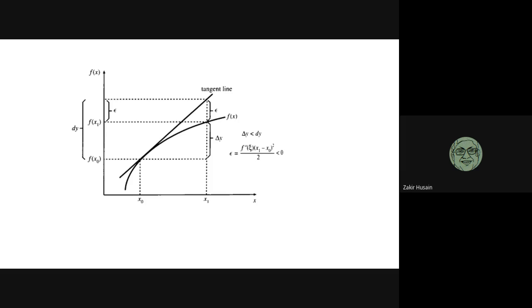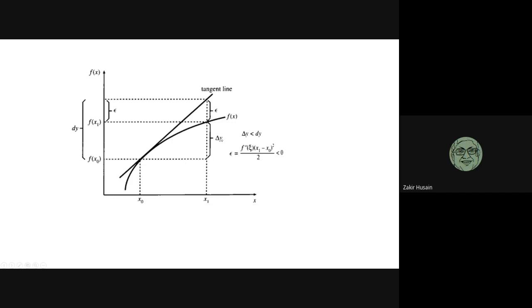So I've just shown this graphically. If I take the function, what is the actual change in y? When I move from x0 to x1, the actual change in y is only this much, which I'm giving by del y. If I use the tangent, the derivative, I'm going to get an overestimate.